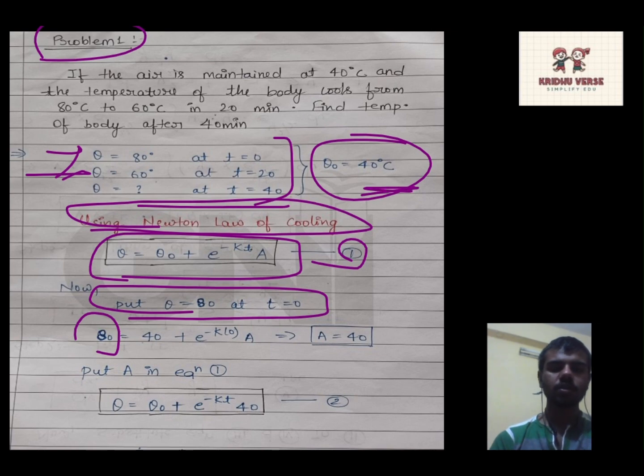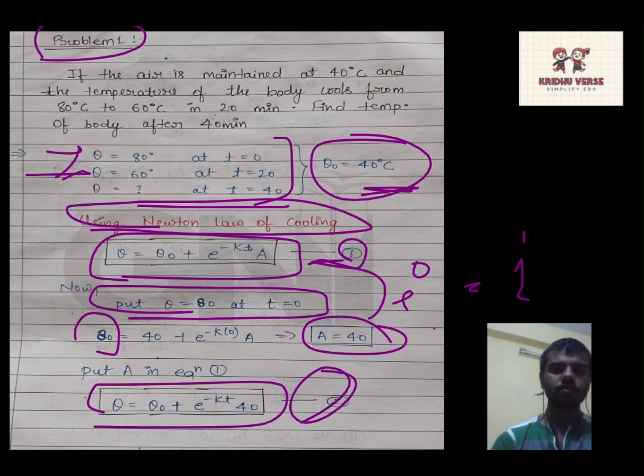So 80 equal to 40 plus e to the power minus k into 0, because t is 0, into A. So this 40 is going to the other side, so 80 minus 40 is 40 equal to e power 0 times A, which is equal to 1 times A, so A equal to 40. Now the A value we got, we keep in equation number 1. So theta equal to theta naught plus e to the power minus kt into 40. That is equation number 2 we take.